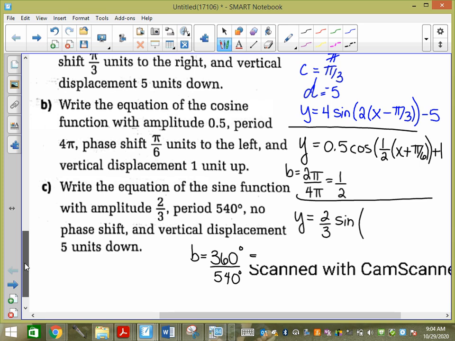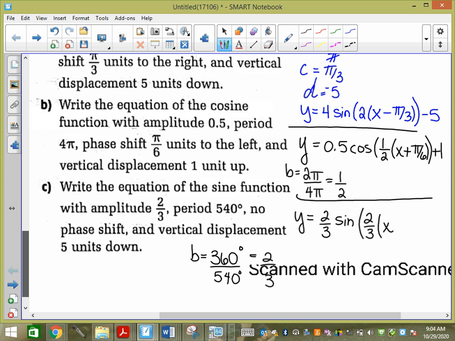You take a 6 out of both, get 6 over 9, 3, 2 out of 3, 2/3. Oh yeah, I get 18 as well. So I get 2/3, which means I'm horizontally stretching by 3 over 2 or 1.5, right? If 360 is 1 full, 1.5 by 360, that makes sense.